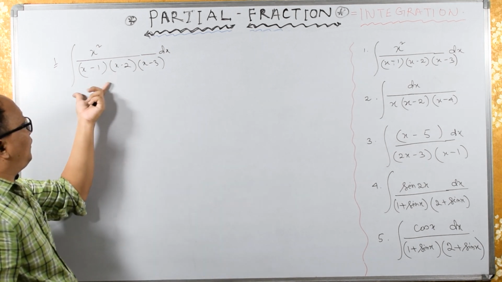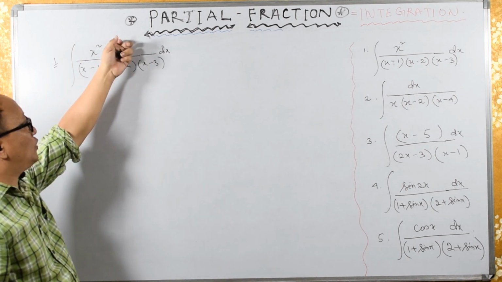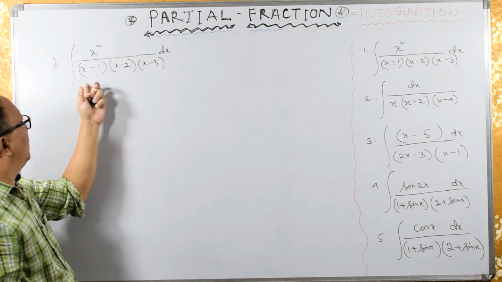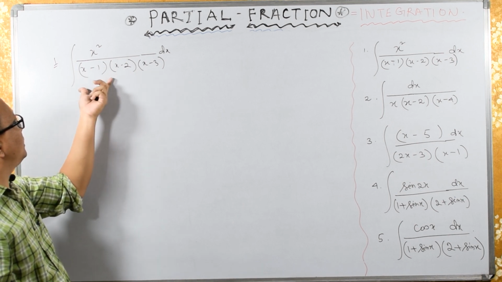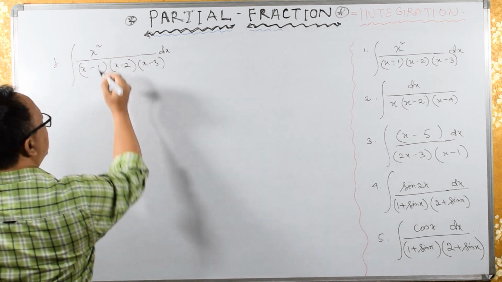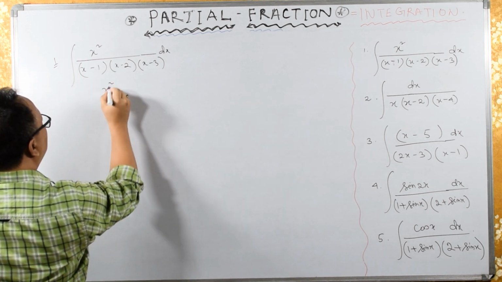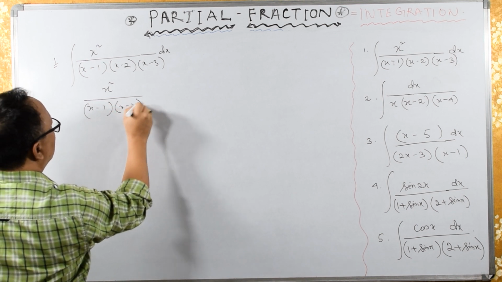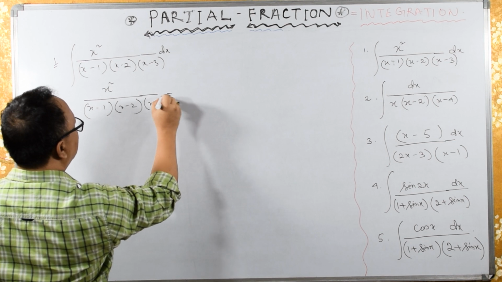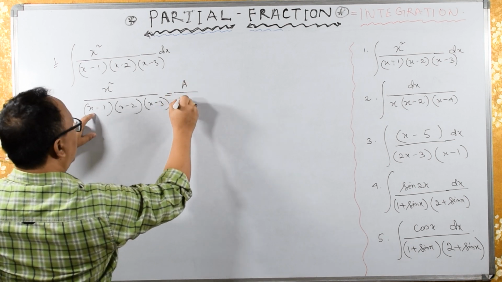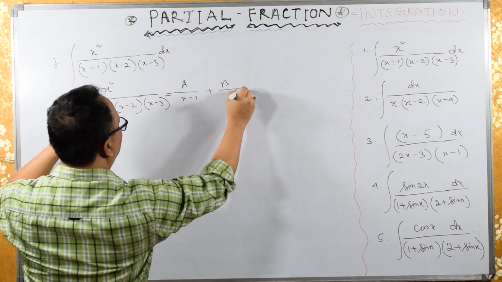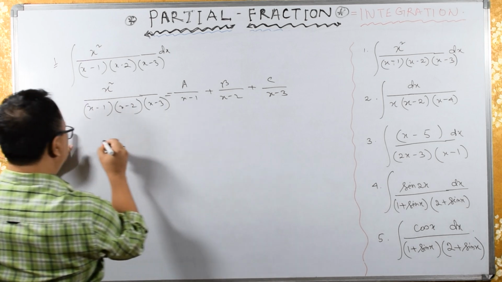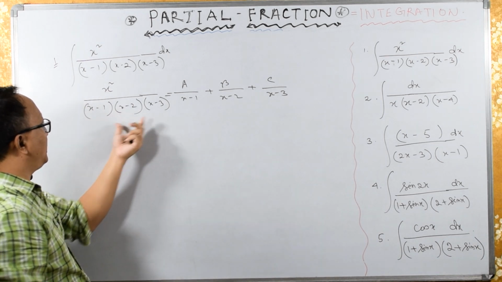Since the degree of the denominator is 3, which is greater than 2, the degree of the numerator, and all these terms are linear as well as non-repeated, this can be written as some constant a upon x minus 1, plus b upon x minus 2, plus c upon x minus 3.